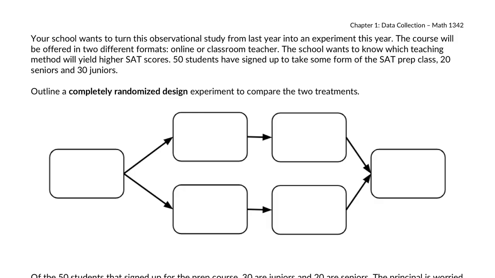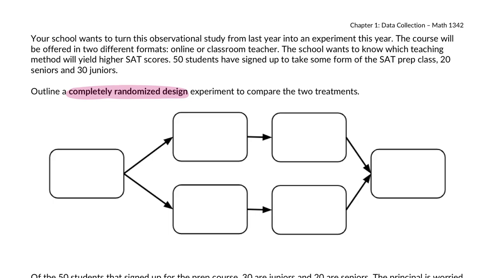50 students have signed up to take some form of SAT prep class. 20 of them are seniors and 30 of them are juniors. Let's start by outlining what's called a completely randomized design experiment to compare the two treatments. In this experiment, our treatments are online class and in-person class.